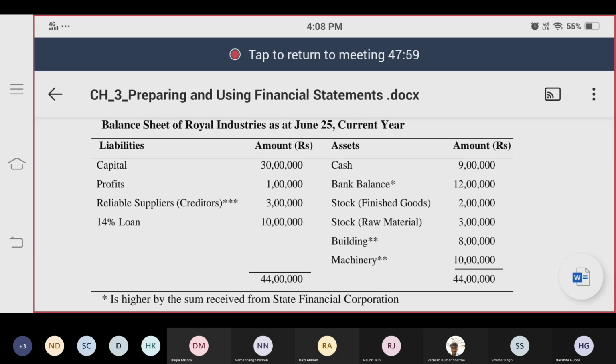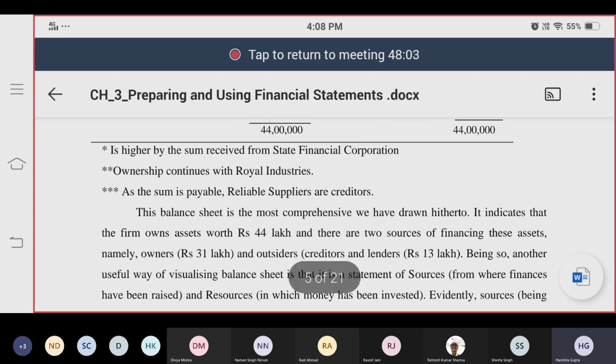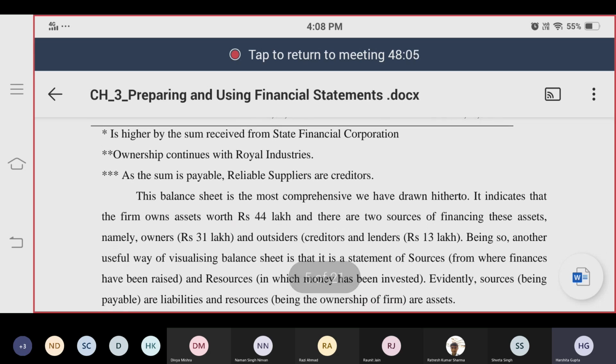Harshita, can you just scroll down a little? Sure, ma'am. Yeah. So over here you can see the first asterisk is the higher bank balance by the sum received from the SFC. The ownership continues with Royal Industries in spite of taking a loan, because as you know, whenever we take a loan, we always pay a fixed rate of interest, and that is it.